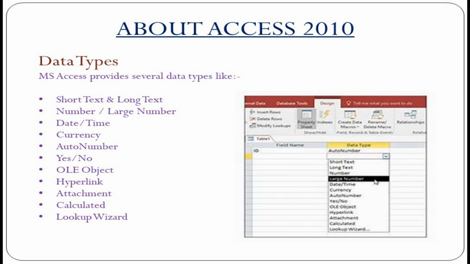In that case, lookup wizard is very helpful. Suppose the image is also an example of a list. Here we see multiple data types and we select some specified data. So there are some specific types of data which we use when we create fields.